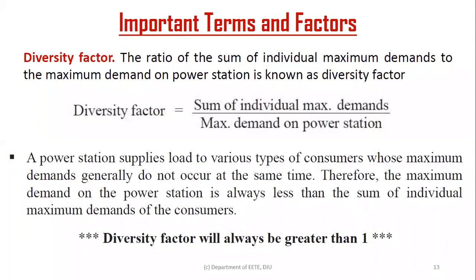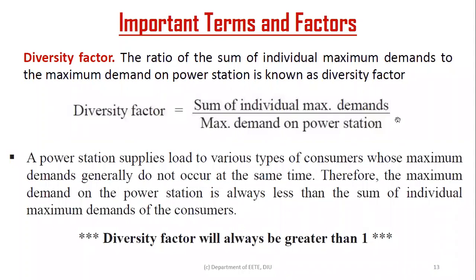So what is the diversity factor? Now coming to the diversity factor, it is the ratio of the sum of individual maximum demands to the maximum demand on the power station. You see that the upper side is the sum of individual maximum demands, and the lower is the maximum demand on the power station.